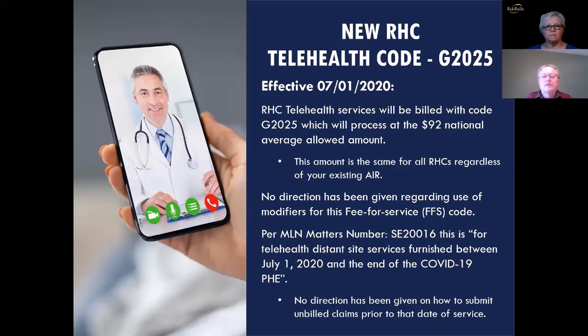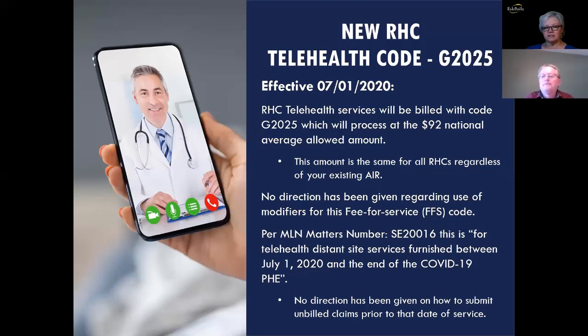And per the MedLearn Matters, it states this is for telehealth distant site services furnished between July 1 and the end of the COVID-19 public health emergency. But what we don't know is, because it says effective July 1, if you have a claim, let's say from June 28th, that you don't submit until after July 1, will we be able to send this G code?